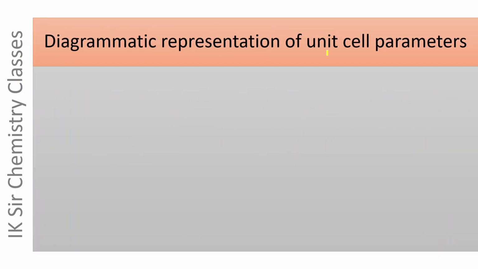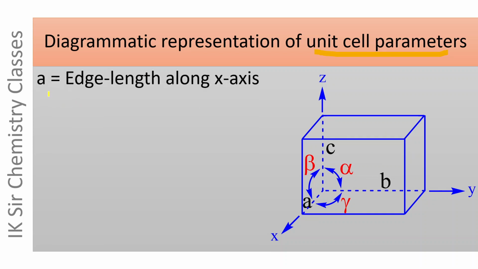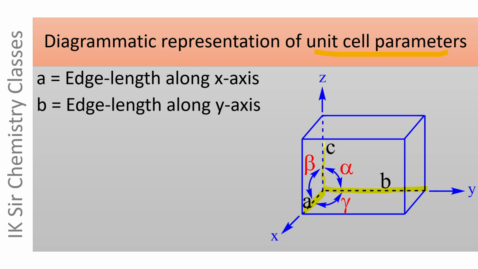Diagrammatic representation of unit cell parameters. A unit cell is given here. a is the edge length along the x-axis, b is the edge length along the y-axis, and c is the edge length along the z-axis.